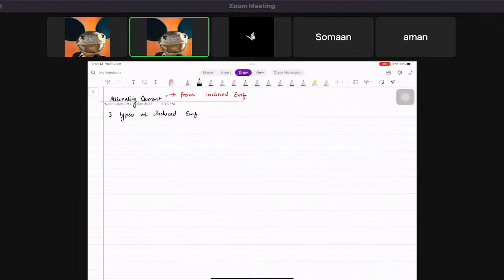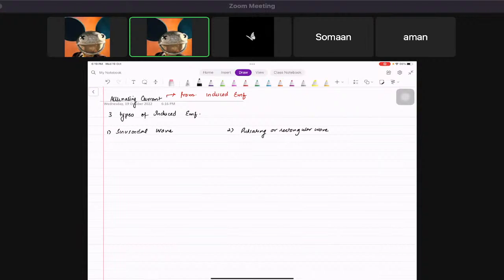The first one is the sinusoidal wave. That's the sine wave, basically. Then the second one is the pulsating or rectangular wave.